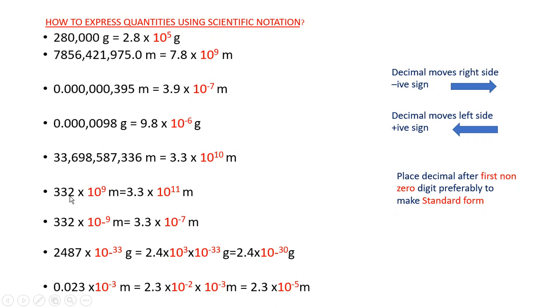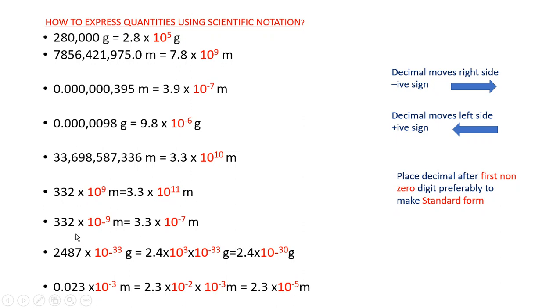So it will become 3.3, and we have jumped 2 places. So plus 2, 10 raised to power 2, and 10 raised to power 9 makes 10 raised to power 11. Why 11? Because there was a power present previously, and we have again jumped 2 places, 10 raised to power 2. So plus 2 and plus 9 makes plus 11.